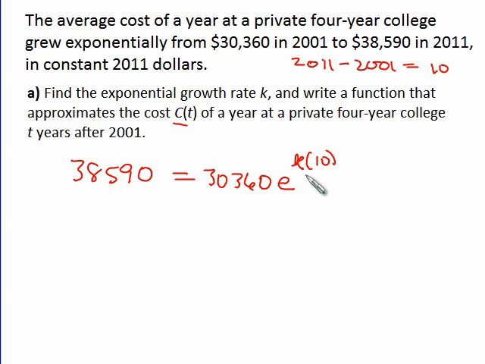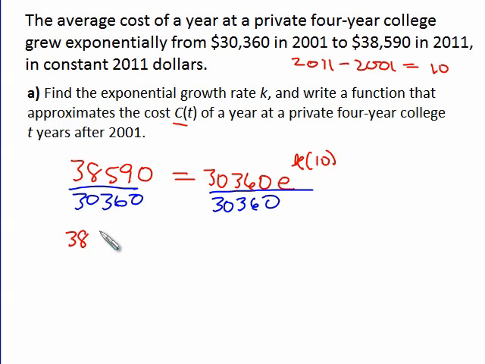Well, the very first step is I need to get the exponential by itself, so I have to divide out the 30,360. And I'm not even going to bother to reduce this fraction or turn it into a decimal, because I never want to round in the middle of my problem. So I'll just leave it as 38,590 over 30,360.